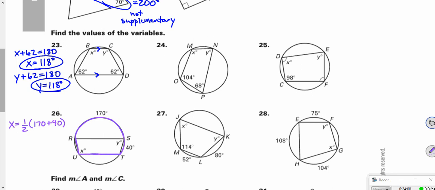So 1/2 of 170 plus 40 is 1/2 of 210, which is 105. So if x is 105, how do I find y? Well, x and y have to be supplementary. So 105 degrees plus y equals 180, right? So that makes y 75 degrees. I hope you see that.